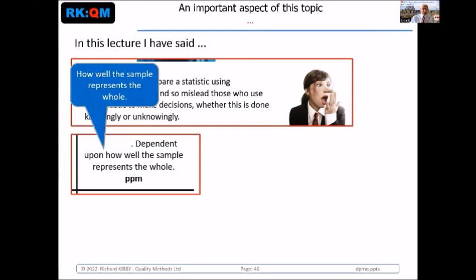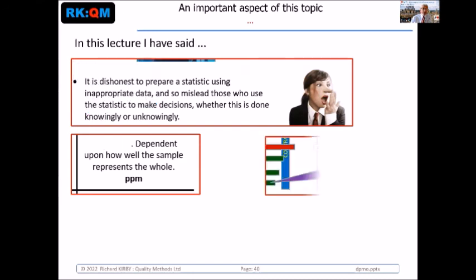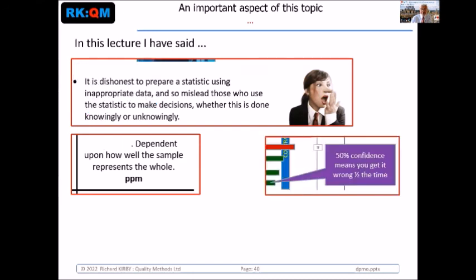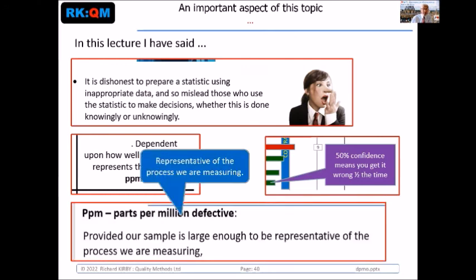How well the sample represents the whole is important. If it doesn't represent it, it's no good. And 50% confidence means you'll get it wrong half the time. And you must have a sample which is large enough to be representative of the process we're measuring.